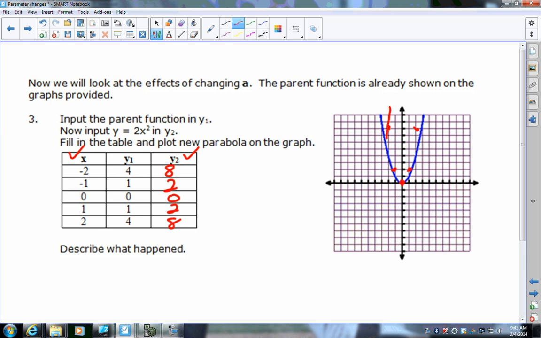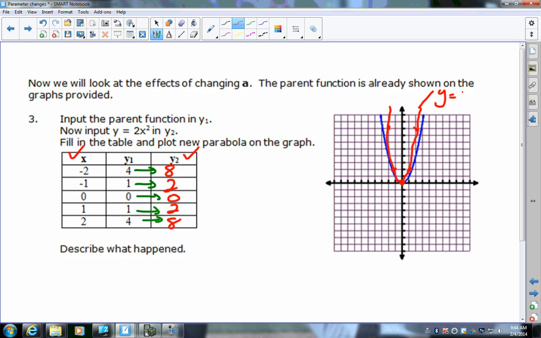Now, wait a minute. Looking at the graph, what did it do to it? Did it shift it? Did it move it up or down? No. It made that red one skinnier, right? What's happening between these numbers right here? It doubled it. Why did it double it? Because what did we put in? What was the equation?